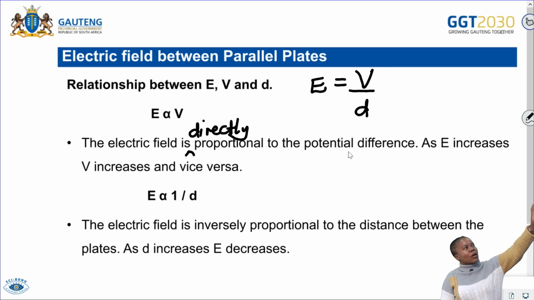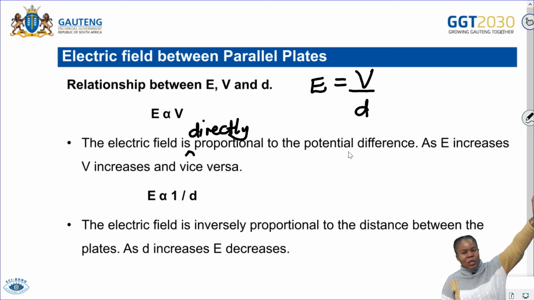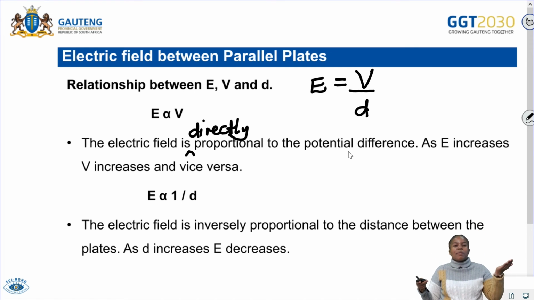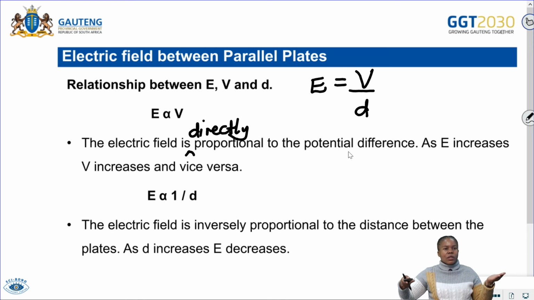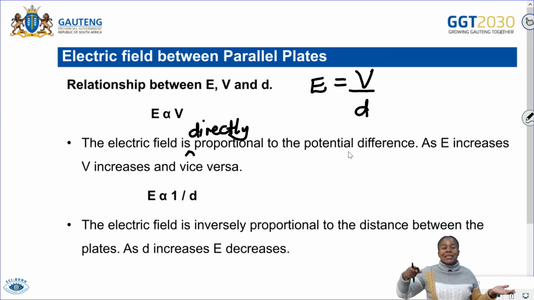That means what happens to the electric field will have the same impact on the voltage, or potential difference. As E increases, the voltage also does what? Increases, and vice versa.